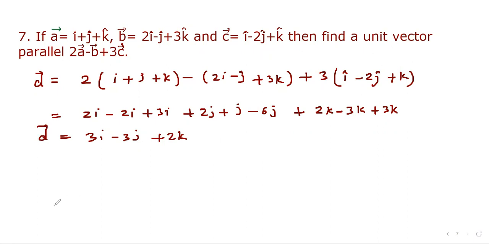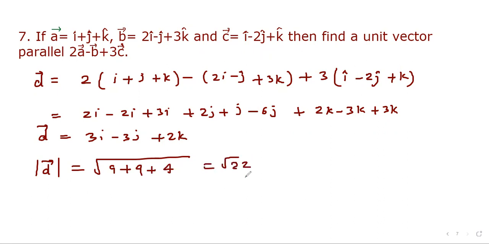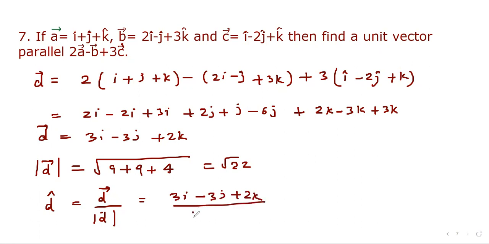So we have to find its magnitude also. So the modulus of vector D will be 9 plus 9 plus 4, that is root 22. So unit vector D cap will be vector D divided by modulus D. So vector D is 3i minus 3j plus 2k divided by root 22. This is the required answer.